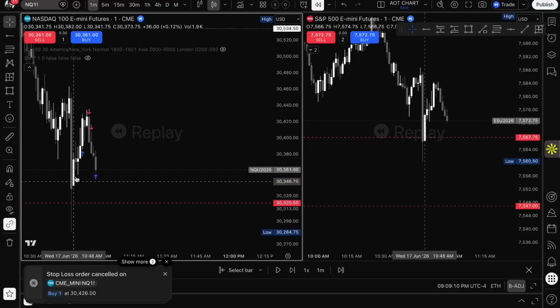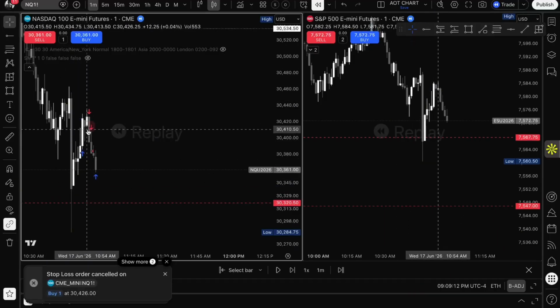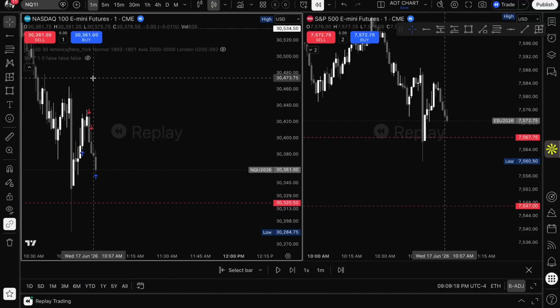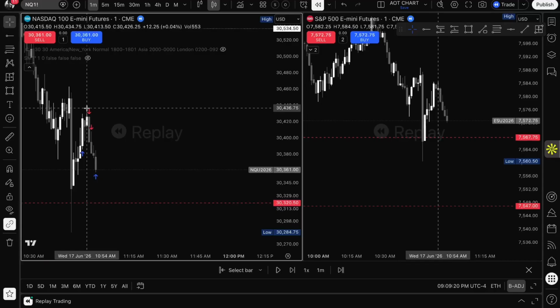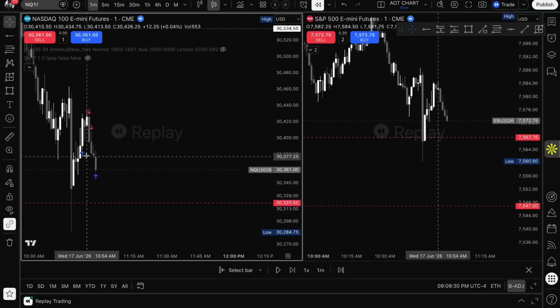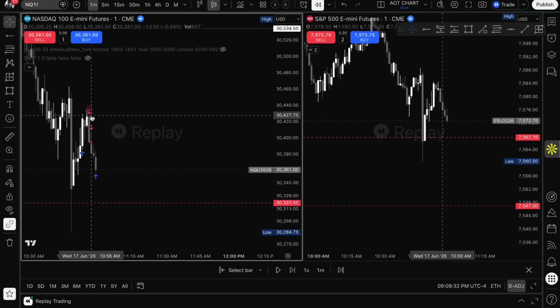But this is a bullish reverse sequence fail because of where price should be delivering. How many candles is this? 3, 4, 5, 6, 7. Anything past 7 candles is not a reversal sequence.